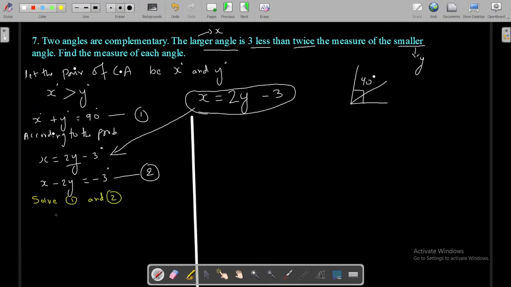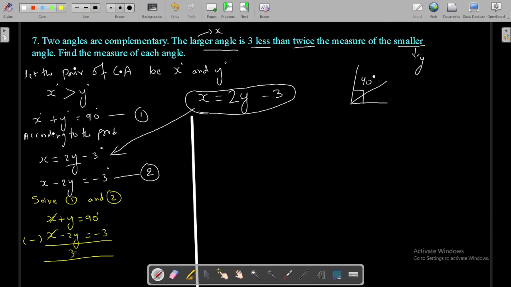If I solve 1 and 2, I will get x plus y is equal to 90 degree, x minus 2y is equal to minus 3 degree. So if I subtract, this and this, they will go.